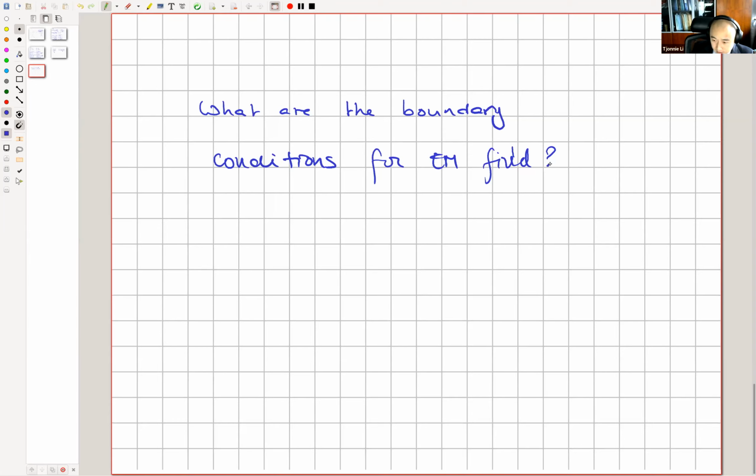What about the electric field? What are the boundary conditions for the electric field? Anyone?